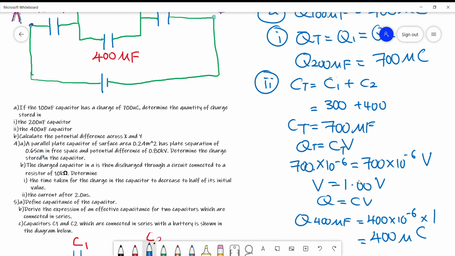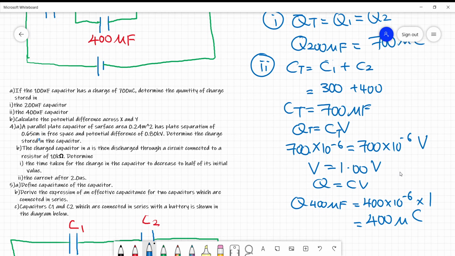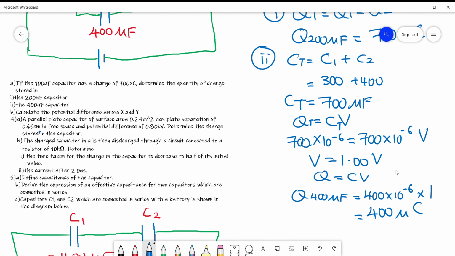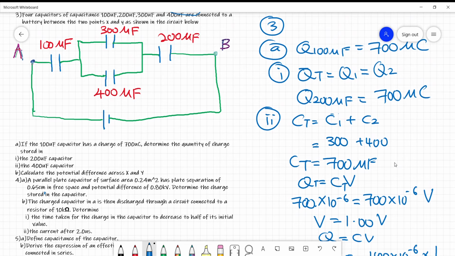After obtaining this, we can find the charge on each capacitor.